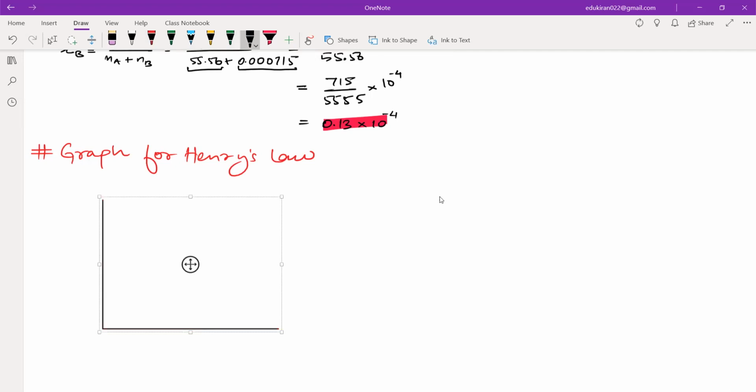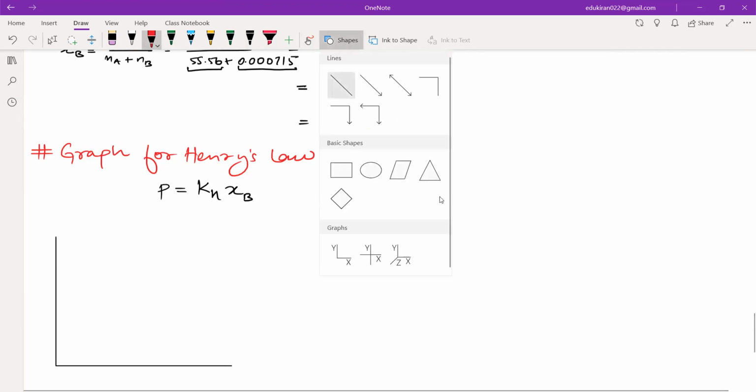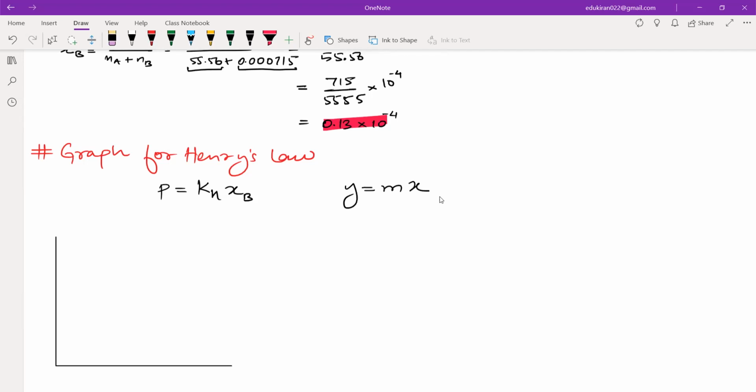So you can have a graph only if you have an expression, a formula. ठीक है. क्या है यहाँ पे Henry's law का? Pressure is equal to KH into chi b. Those who have maths and all, they can see that it is equal to y is equal to mx. Y is equal to mx का मतलब a graph that is passing through the origin, right? Yes or no? So we have a graph like this. It is passing through the origin.